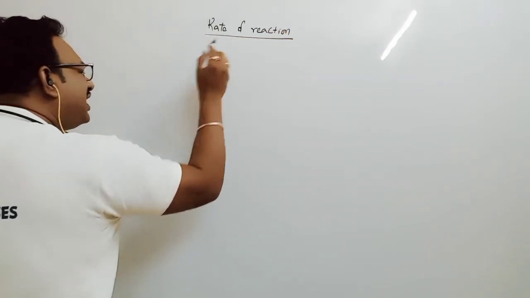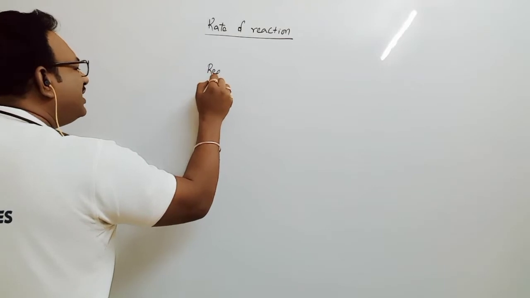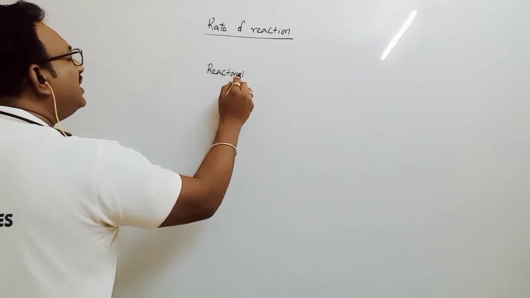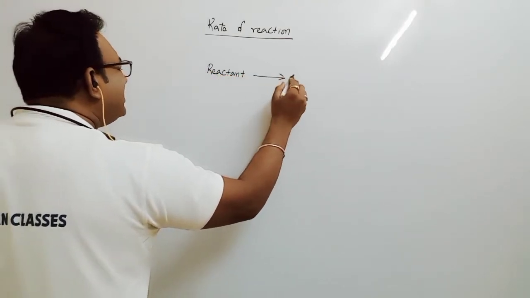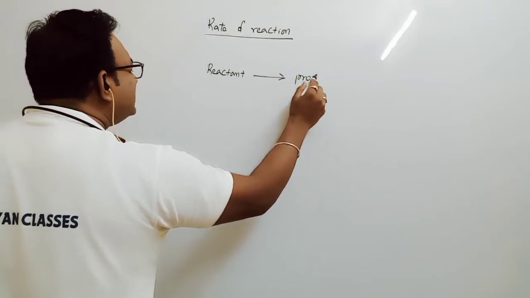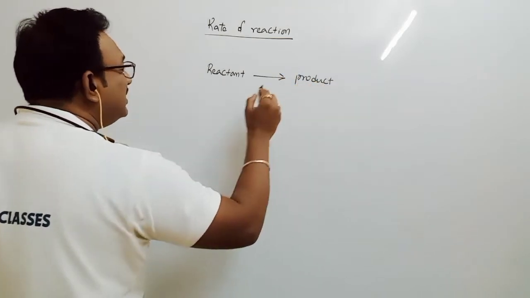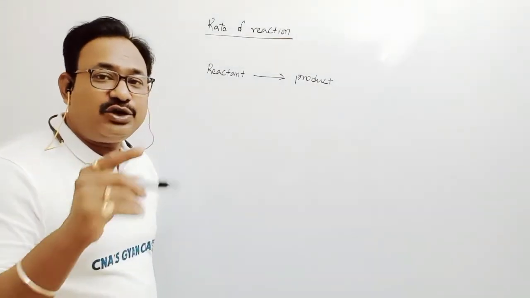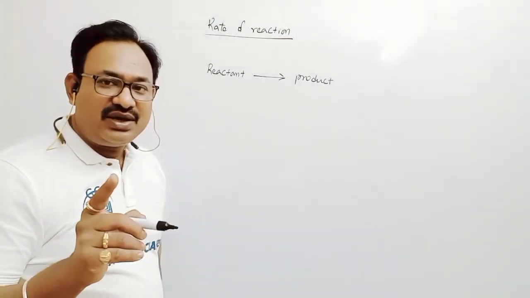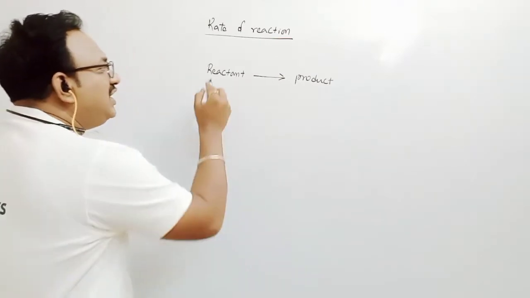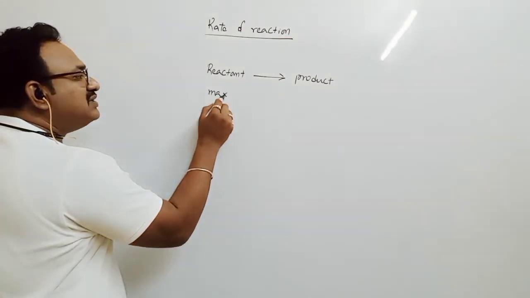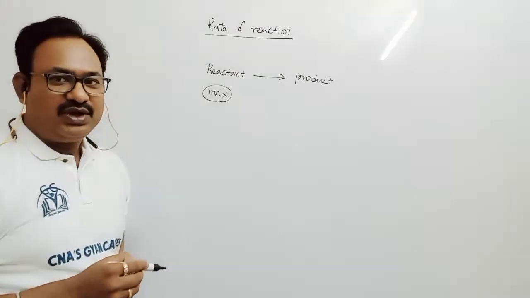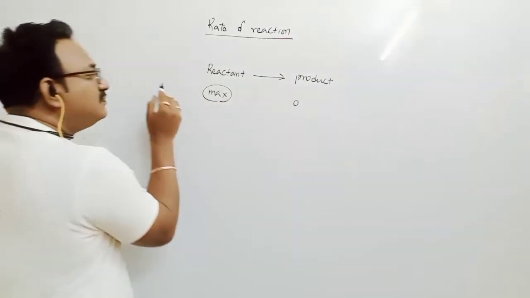Generally in chemistry, what does reaction mean? So usually what we call reactant is completely converted into product. So the process of conversion of reactant into product is considered to be reaction. So initially reactant is maximum, product is always zero.